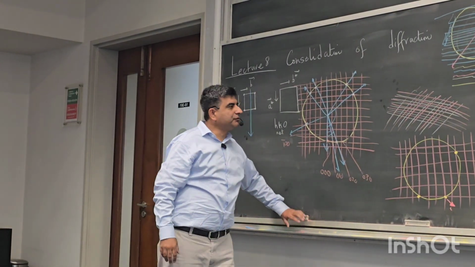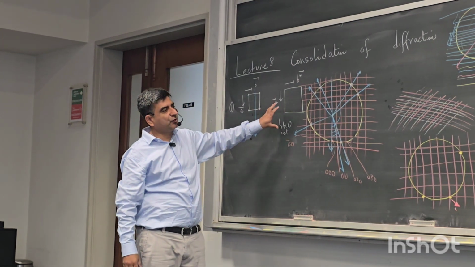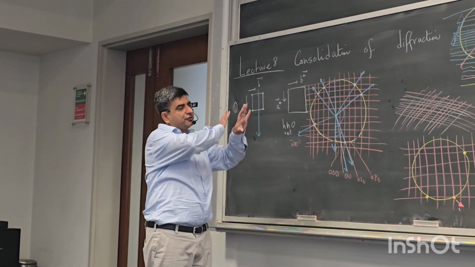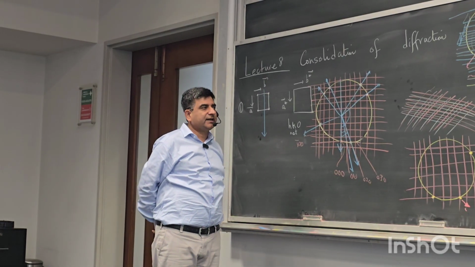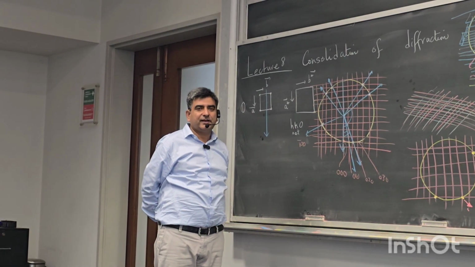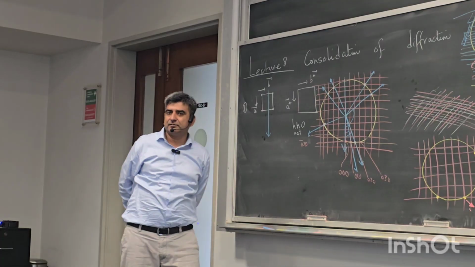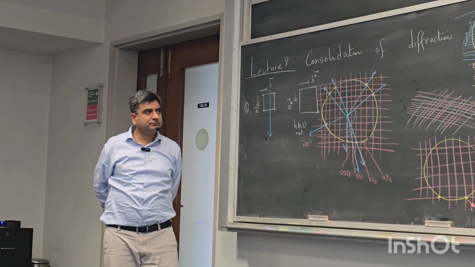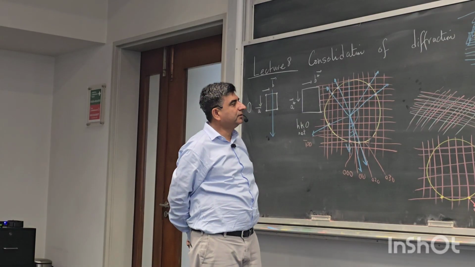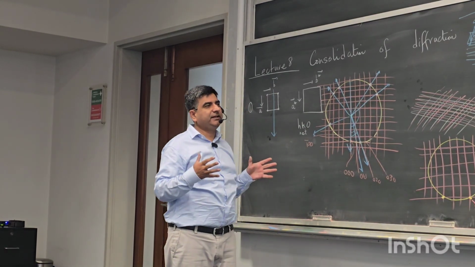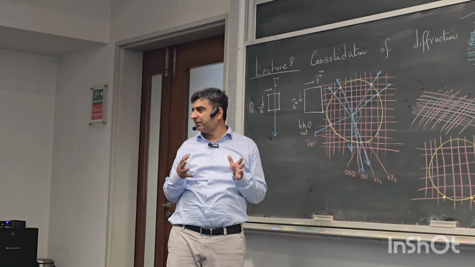Now I can use a cubic lattice, I can use monoclinic, hexagonal, I draw the corresponding reciprocal lattices and follow the same process. Now I can do different things. I could change the wavelength of the X-ray.